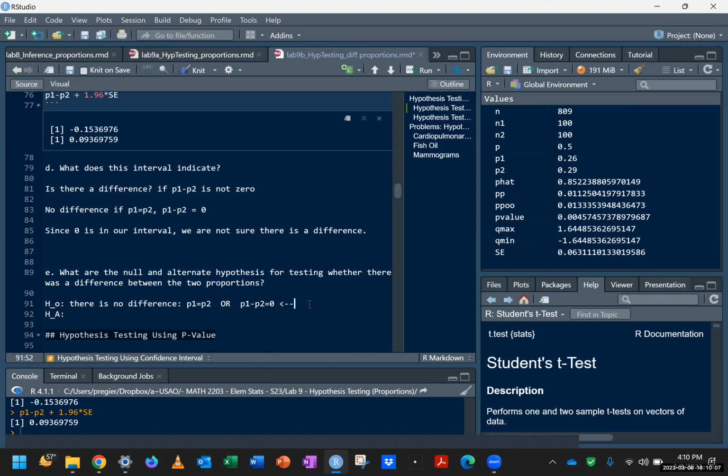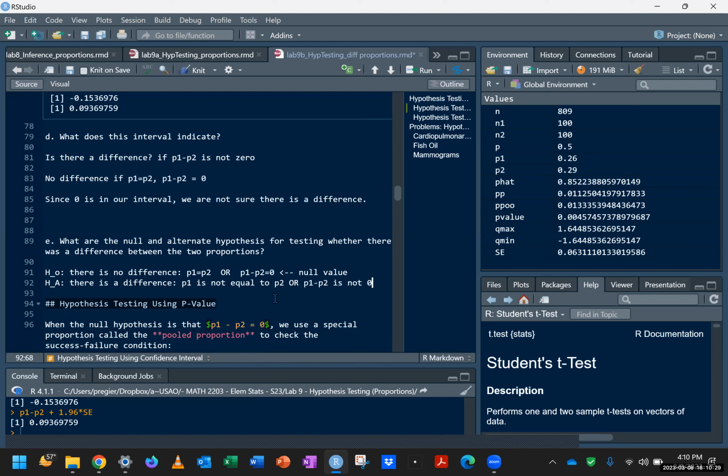So that 0, that's our null value. That's what we want to test for. So the alternate would say, hey, there is a difference. So P1 is not equal to P2. Or you could say P1 minus P2 is not 0. So that's what our hypotheses are.